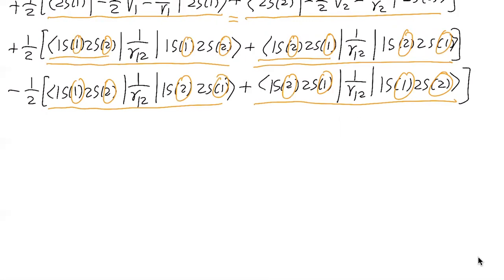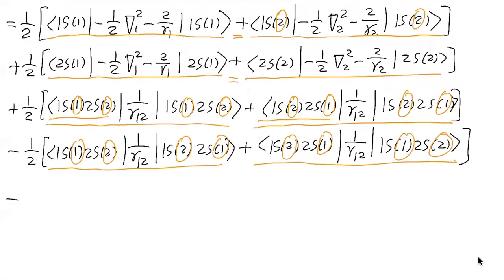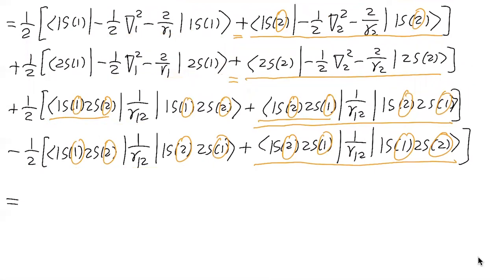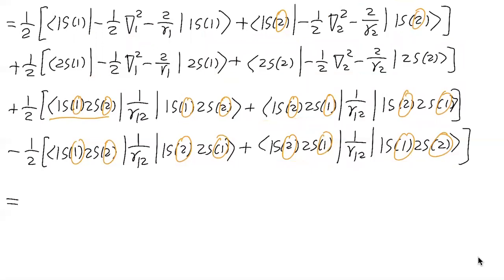All right. So this first term, this is, of course, the 1s orbital energy. This is, again, the 1s orbital energy. So you have 2 times the 1s orbital energy.